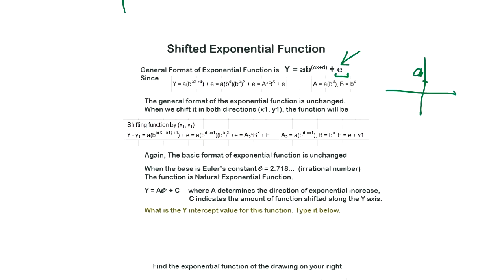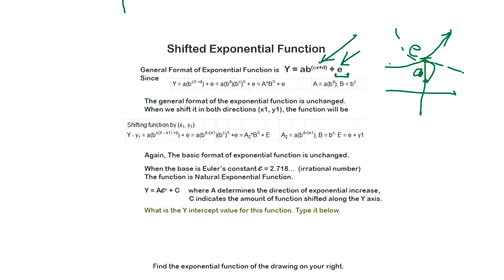Actually a. If a is not 1, the intercept is a. And if you shift, you add e. So the exponent function goes like this. Right? Depending on b, it could go the other way around. And x shift comes in here.